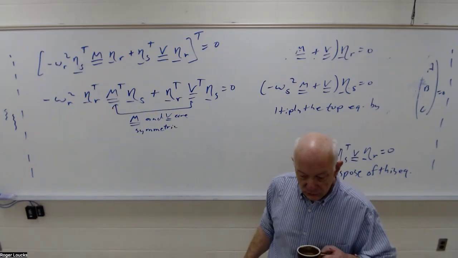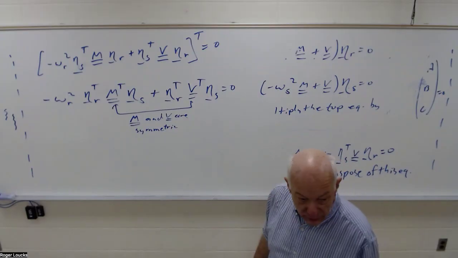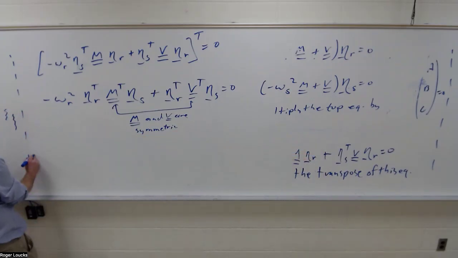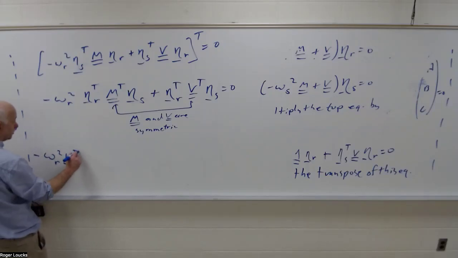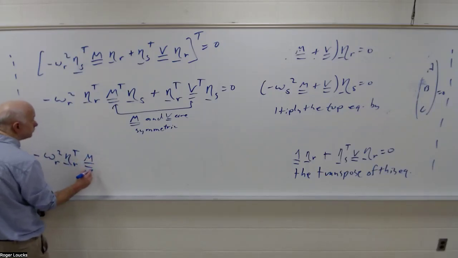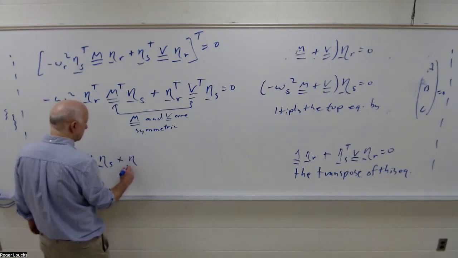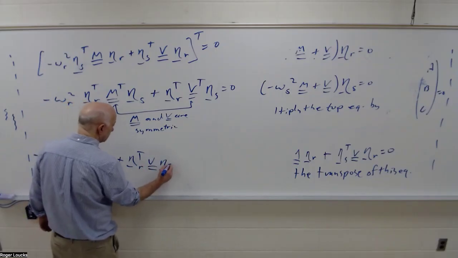If you take the transpose, it equals the original. So I can rewrite this just in terms of M and V: minus omega r squared, eta r transpose, M, eta s, plus eta r transpose, V, eta s equals 0.